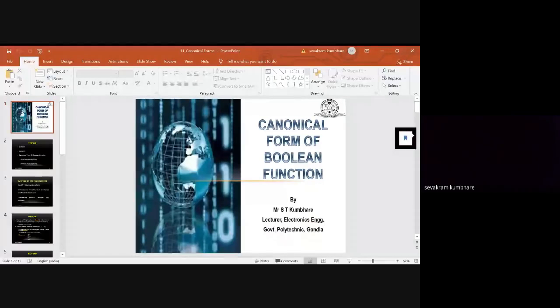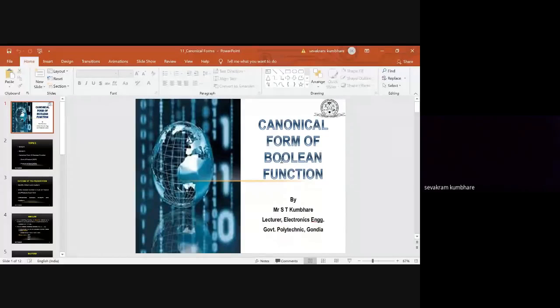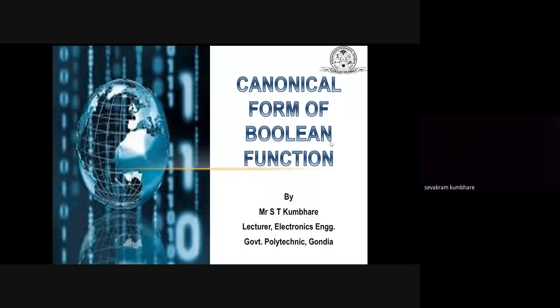Is this PPT visible to all of you? Yes, sir. Okay. Canonical form of Boolean function, canonical or standard, we can say. Is it visible now? Yes, sir. Okay, fine. So today's topic for presentation is canonical form of Boolean function.